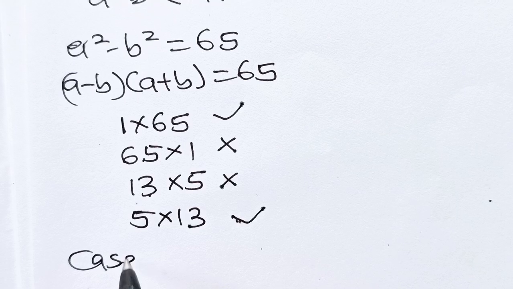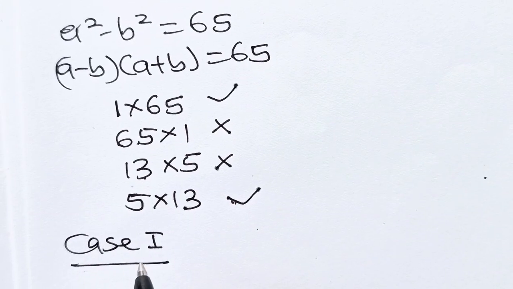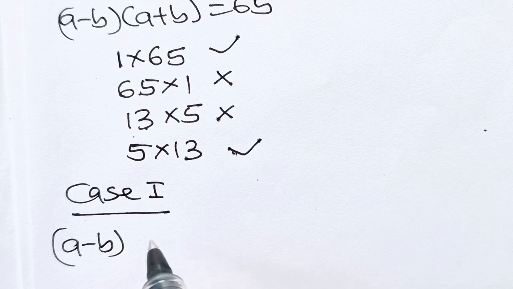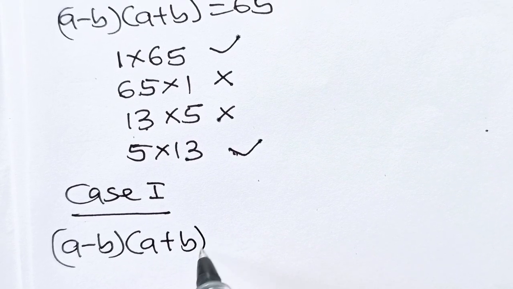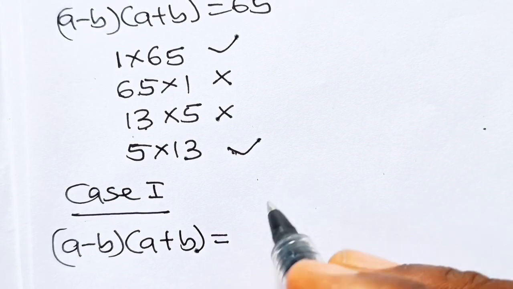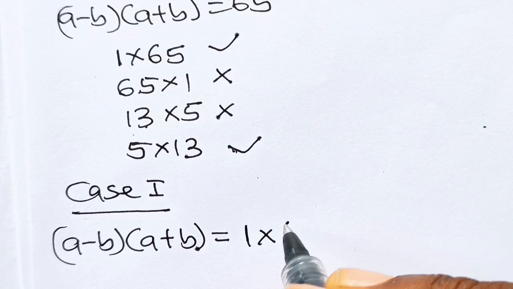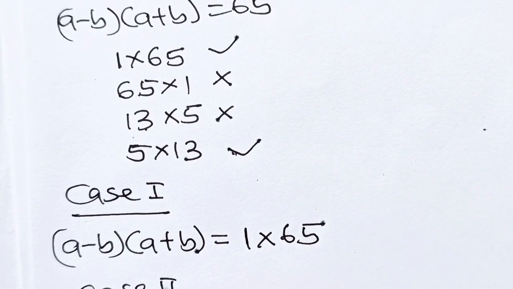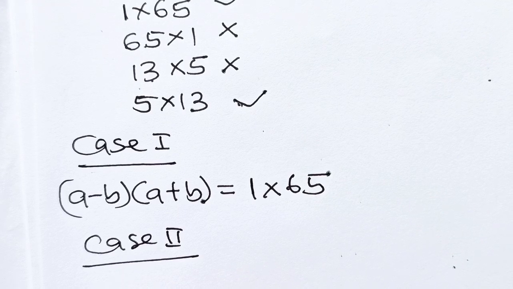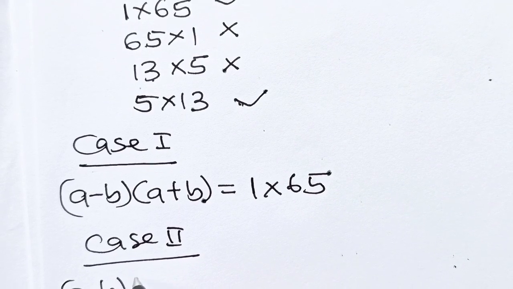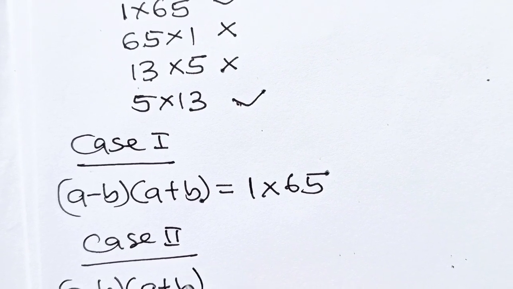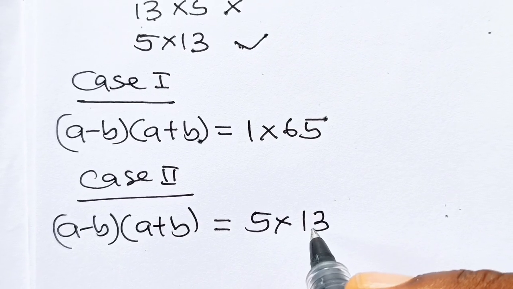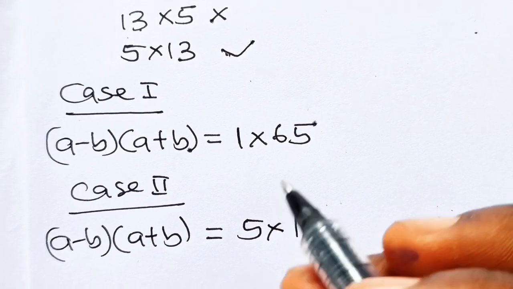Case 1, we have that (a minus b) multiplied by (a plus b) is equal to 1 multiplied by 65. And for case 2, we have that (a minus b) multiplied by (a plus b) is equal to 5 multiplied by 13.